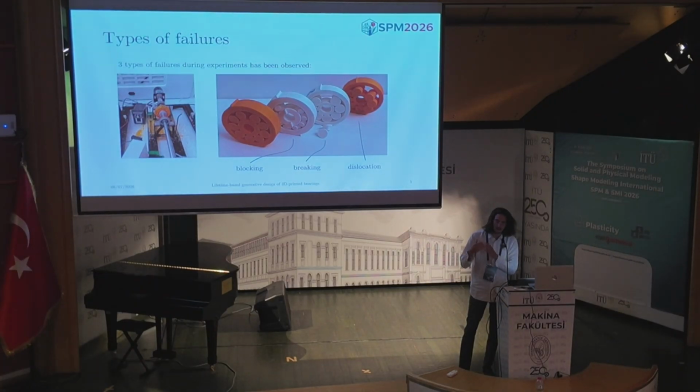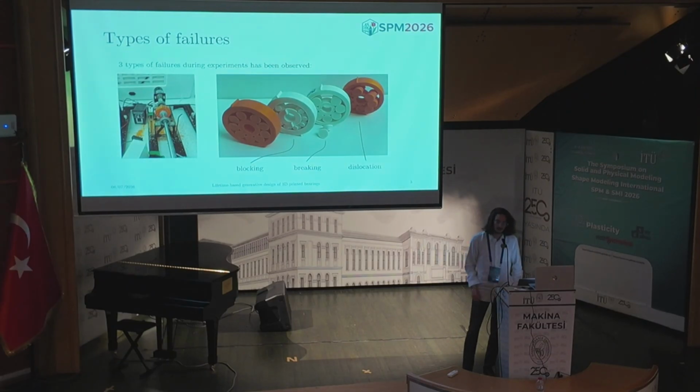This is not really a failure as the bearing doesn't break, but it blocks the system, so it's considered a failure for us. There is the breaking failure, the most famous, where the roller breaks during the rolling, and then the dislocation. It means that the roller goes out and escapes from the rings because the geometry is too flat.